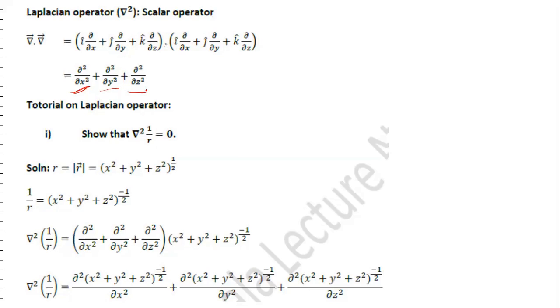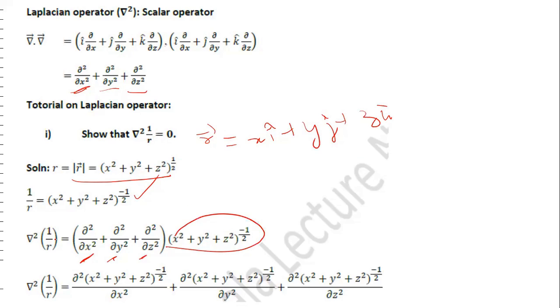Now, this also you can perform. This r, your position vector, you already know: xi plus yj plus zk. So you take the magnitude like I explained before, and 1 upon r is this. You perform this del square operation. So if you perform a del square operation on this scalar quantity, all of these are scalar quantities, so a scalar operator is operating on scalar quantities. You have to operate with this, this and this, so it's a double derivative.